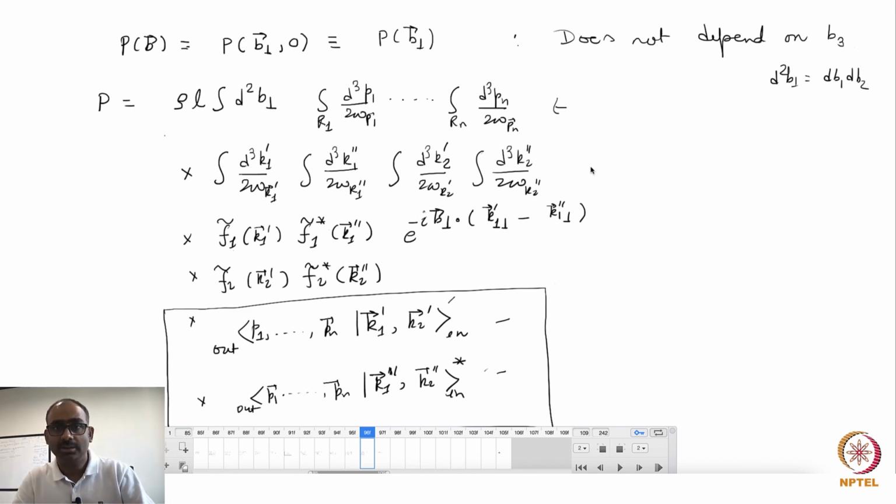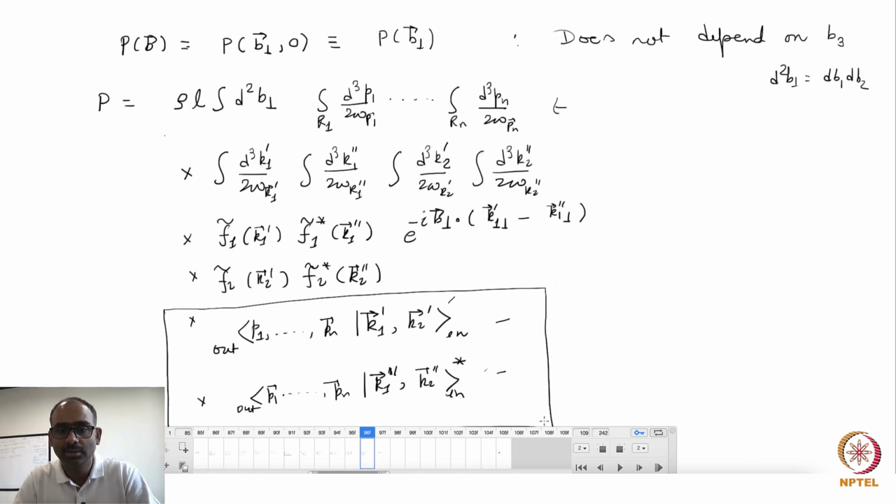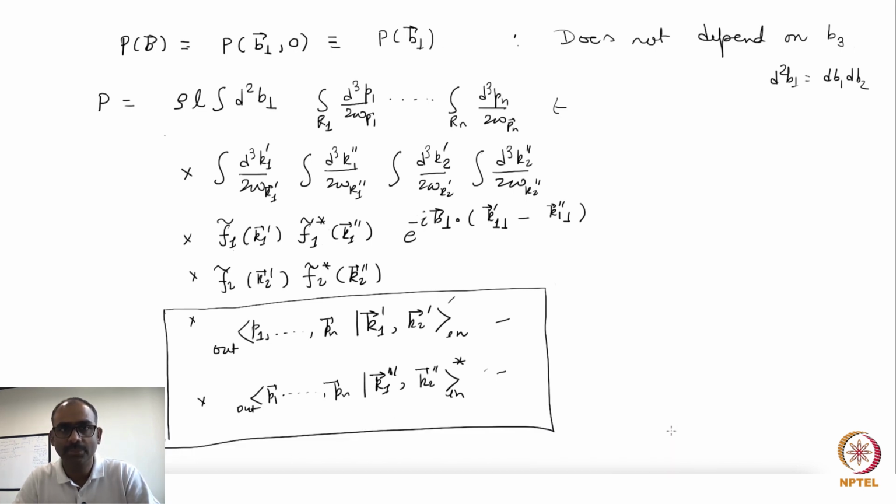Okay, so let's resume from where we stopped, and it was here. We had written down the probability for producing the final state, which has the particles carrying momenta P1, P2, and so forth up to Pn.